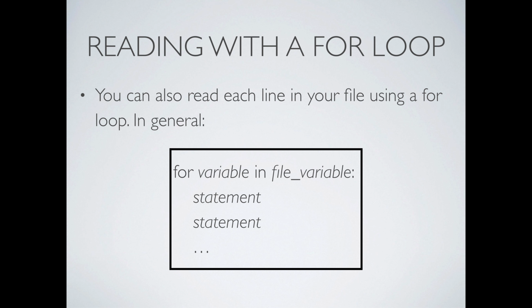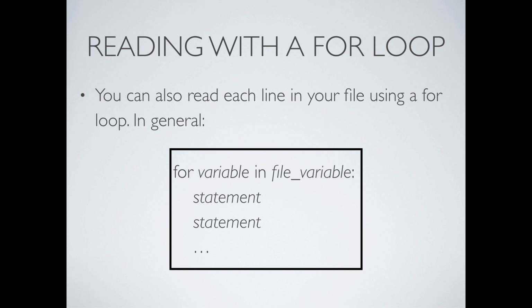The cool thing about reading files in Python is if you use a for loop, it will automatically go through each line in your file. So you don't even have to type read line. The for loop will read the line one at a time for you.